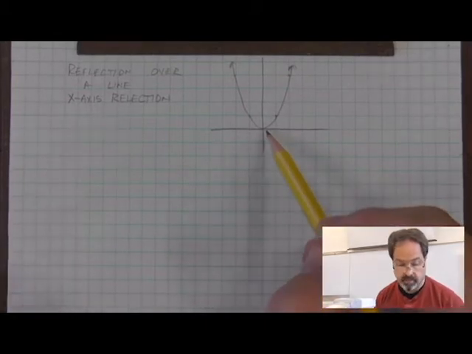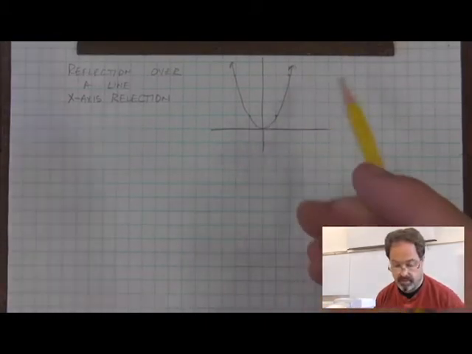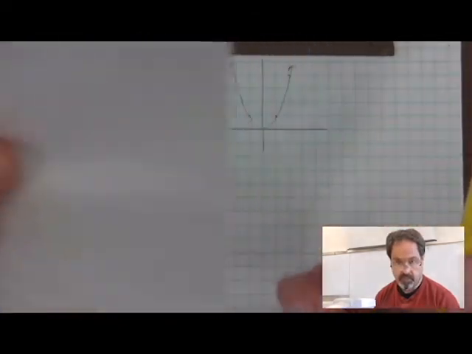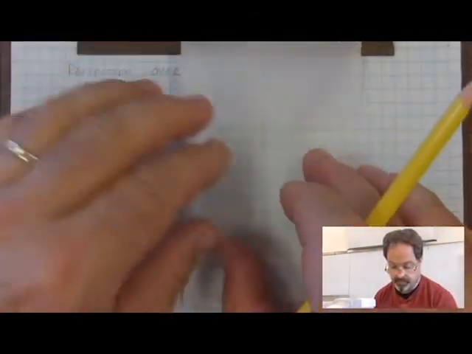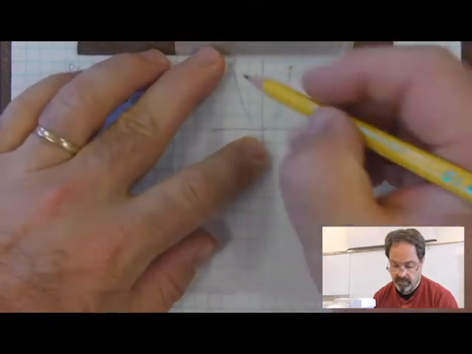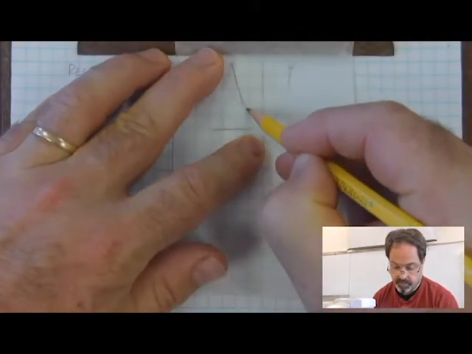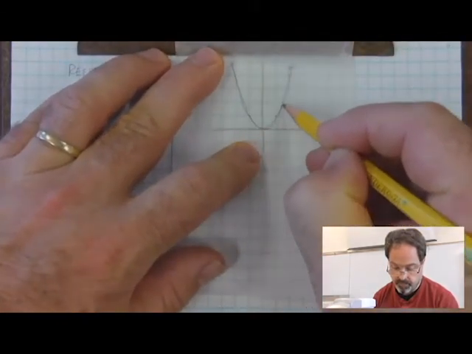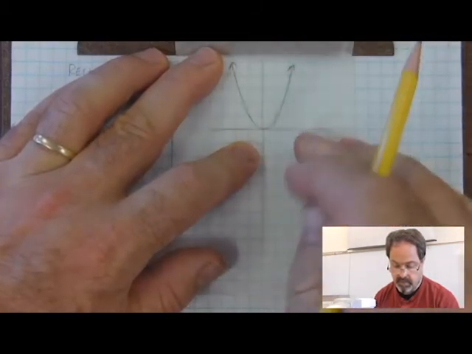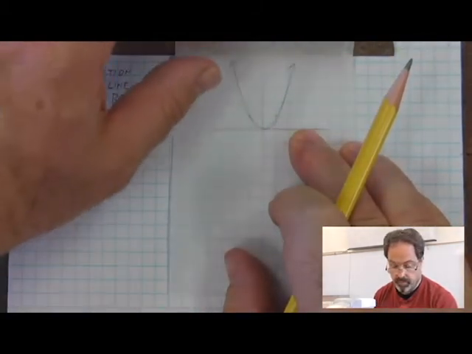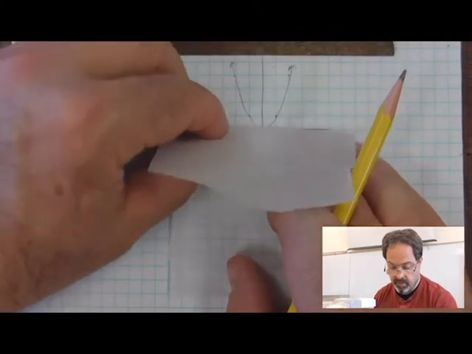So what does that look like? We can simulate a reflection with a piece of tracing paper. In this case, we would start with tracing the function that we wanted to reflect, and then a fold would be simulating the line of reflection.